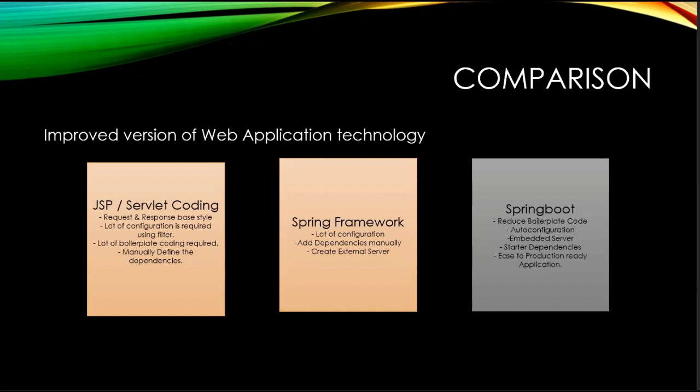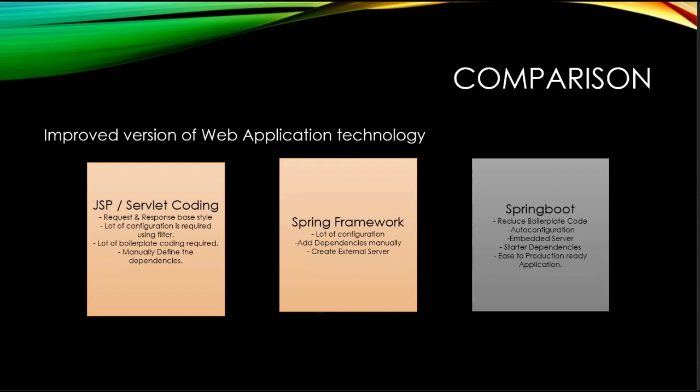In JSP servlet based projects, we used to have this web.xml where all the servlet classes are configured, and based on that, the server container will create the instantiation of those servlets and maintain the life cycle of them, right? Similarly in Spring, we have dependency injection, the IOC container.